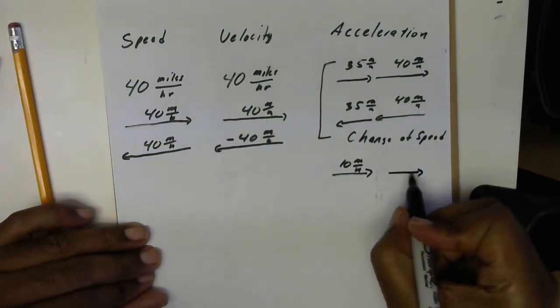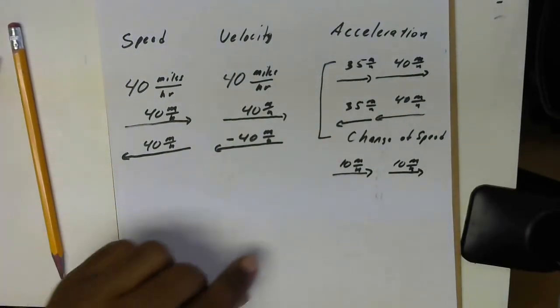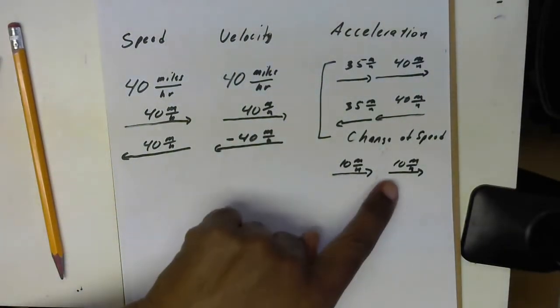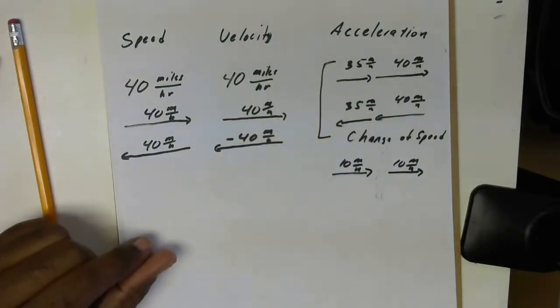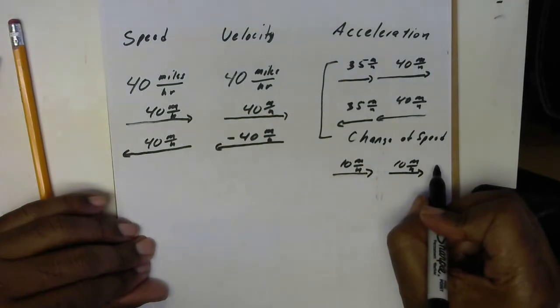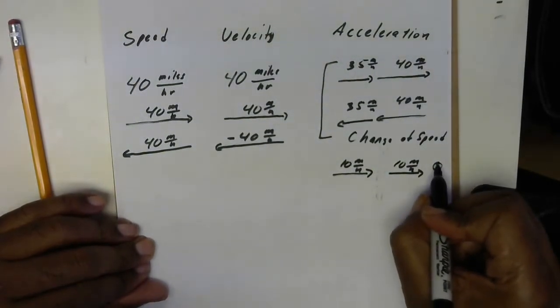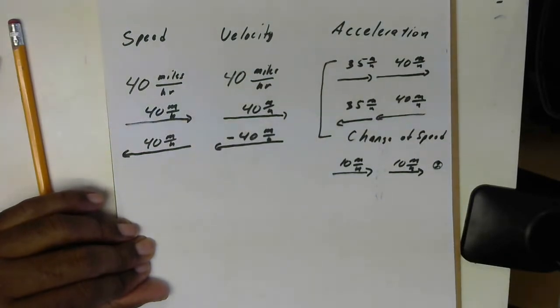When I get past the intersection, I'm still going 10 miles an hour. Well, since I didn't change my speed, this is not an acceleration. No acceleration here. Zero acceleration. I'll put a little sad face because there's no acceleration going on there.